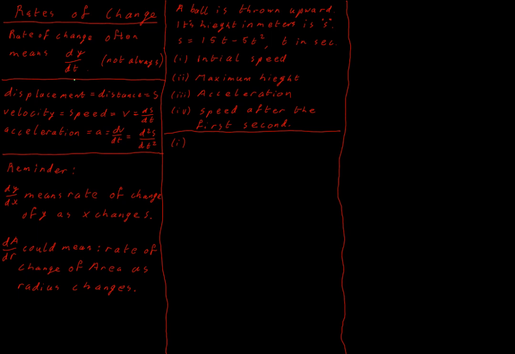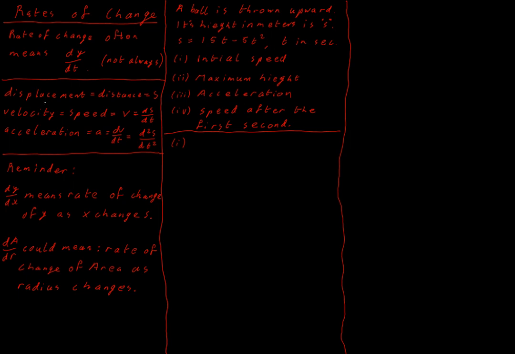How quickly something is changing in time is often what rate of change will mean. But that is not universal. It's just that if they don't give you any further context, it will often mean how one variable changes relative to time.